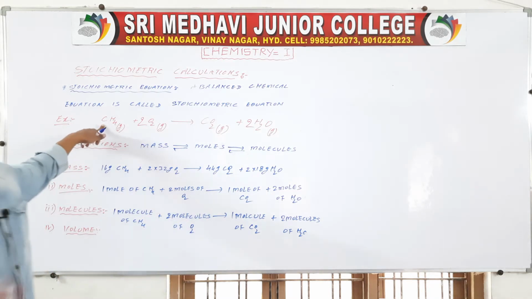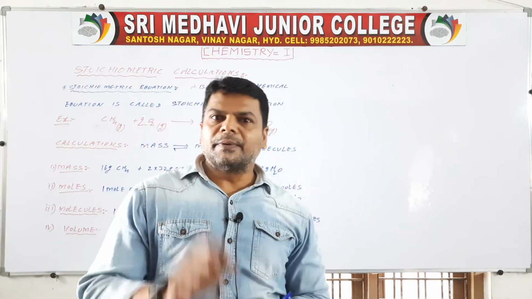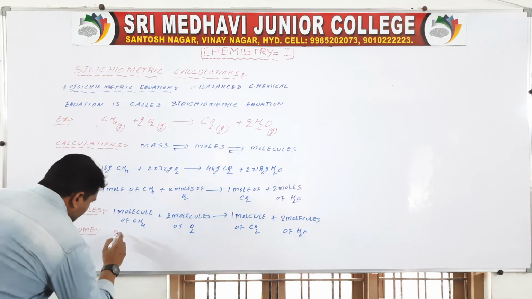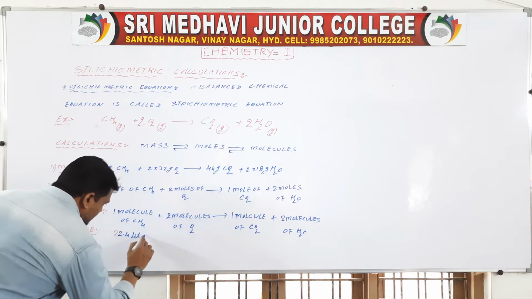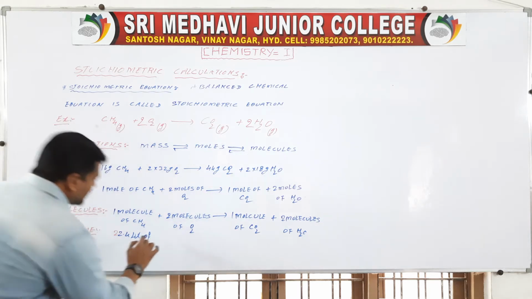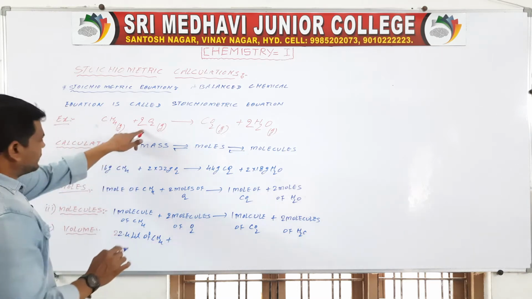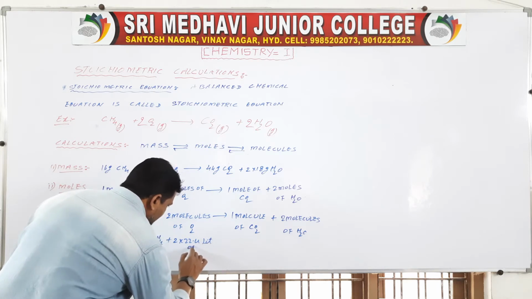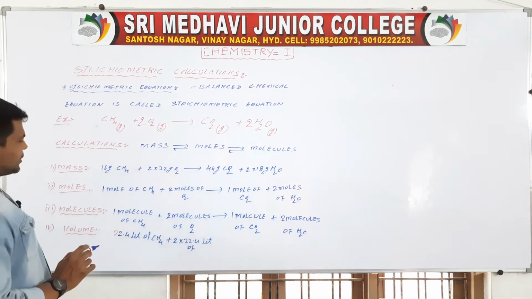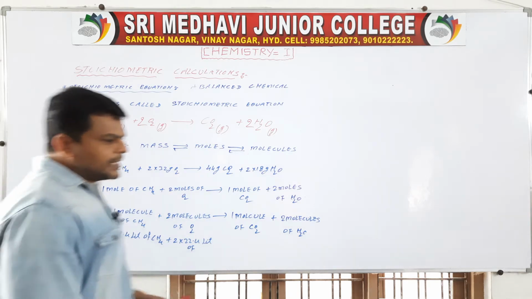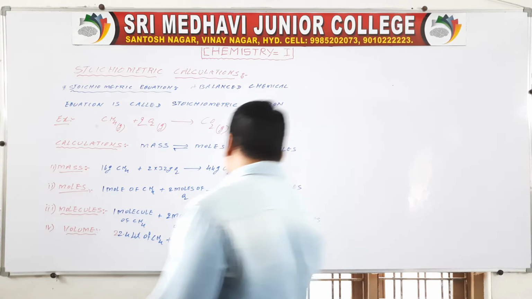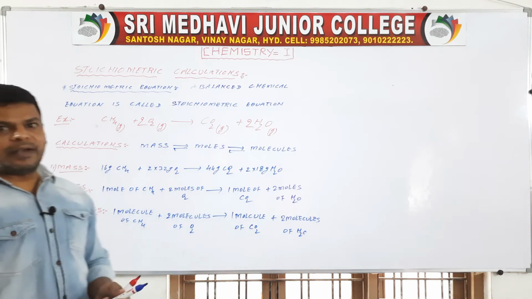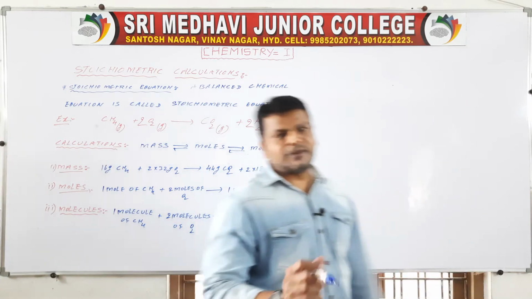1 mole of any gas at STP occupies 22.4 liters. Before we discuss volume, you have to know that 1 mole of any substance contains Avogadro number of particles.